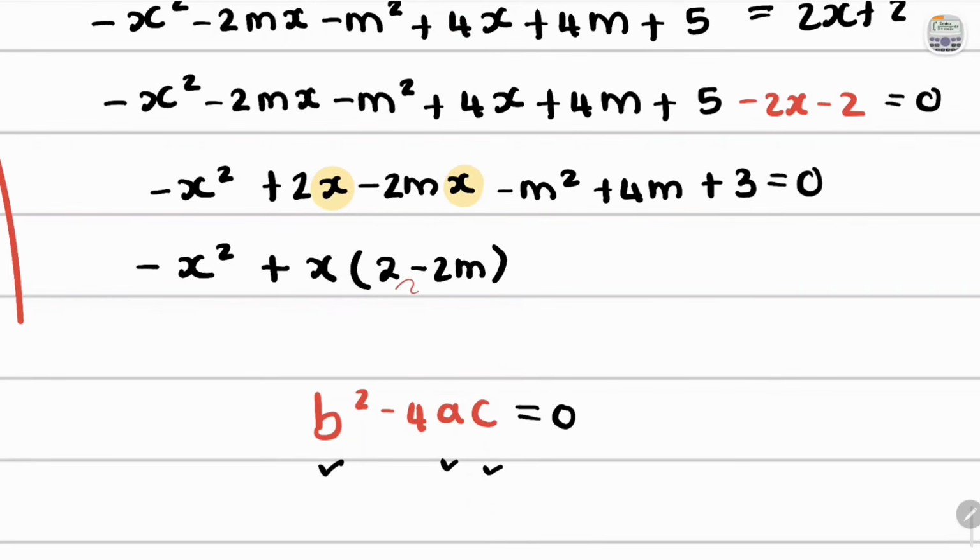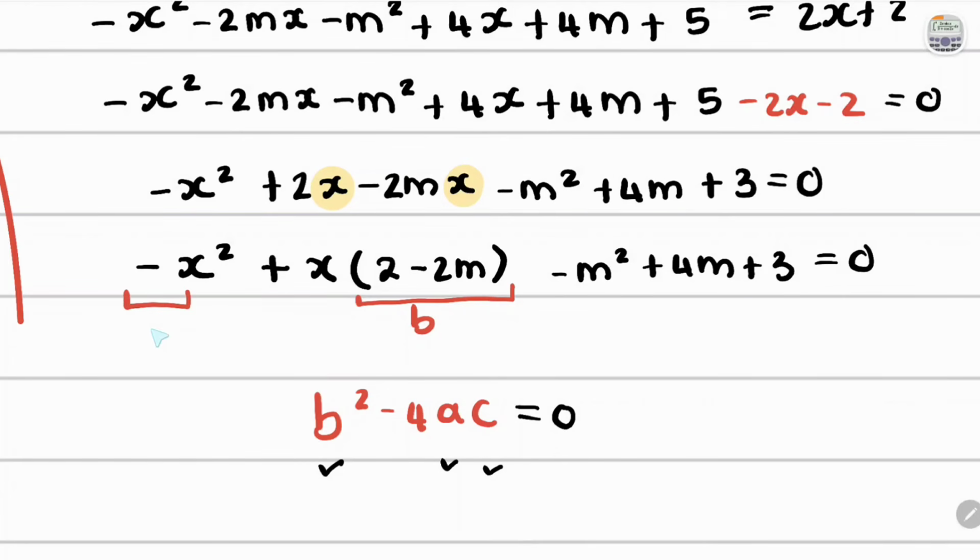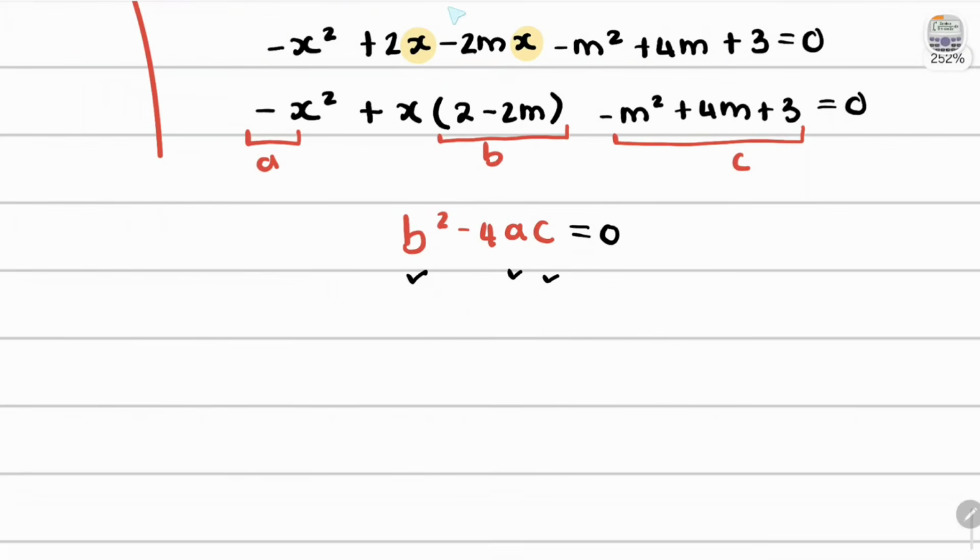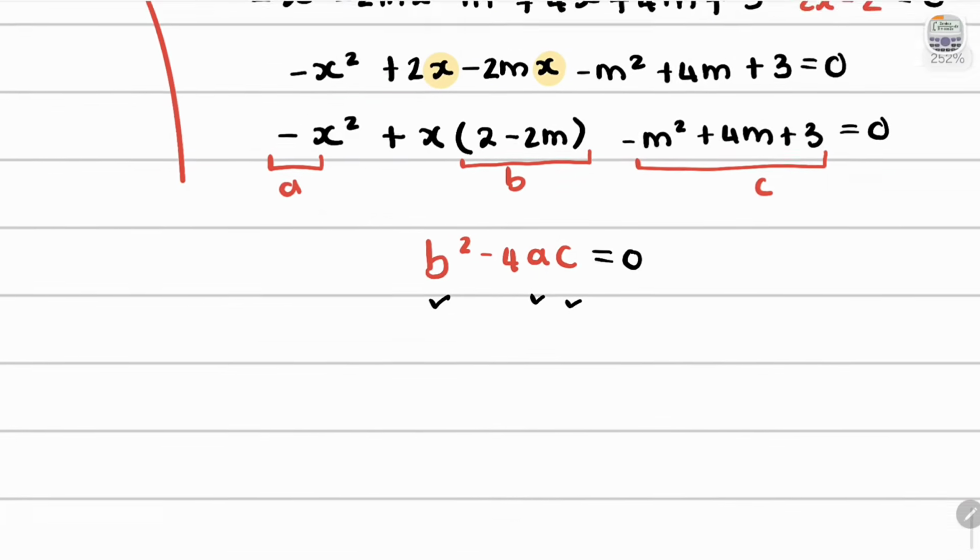So this now becomes the coefficient of x, which is b. Okay, and then the constant is just everything that does not have x in it, which would be all of this. So that's minus m squared plus 4m plus 3, and then we have is equal to 0. So we know what a is, we know what b is, and we know what c is. We can substitute it and find out what this will be.